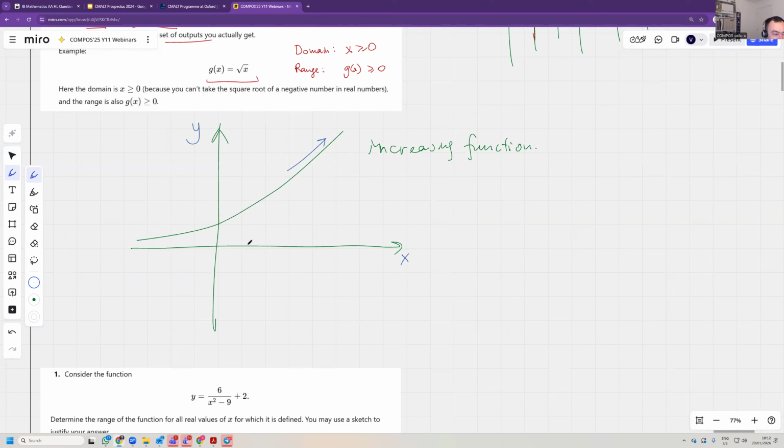A more strict definition: if you have two different values, x1 and x2, then this would be f of x1, and this would be f of x2. So f is increasing if x2 is greater than x1.